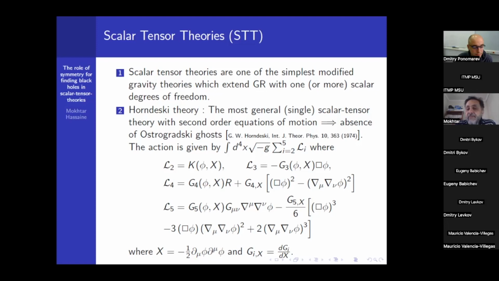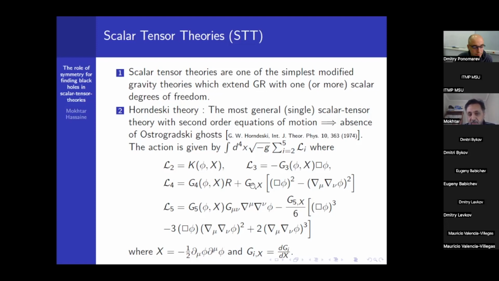And in the 70s, it was shown by Horndeski that the most general single scalar-tensor theory that yields second-order field equations for the scalar field as well as for the metric tensor, which ensures the absence of Ostrogradsky ghost, is given by a linear combination of these 4 Lagrangians that are determined by K, G3, G4, and G5, which are arbitrary functions of the scalar field and its kinetic term.